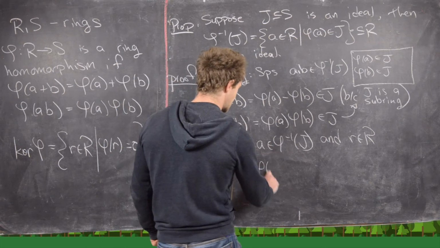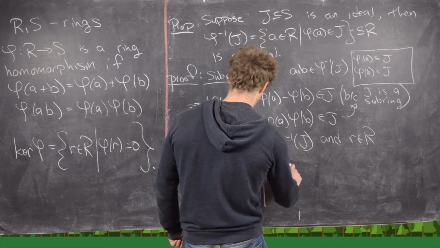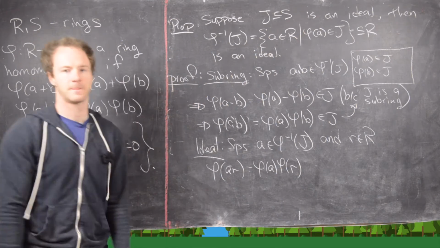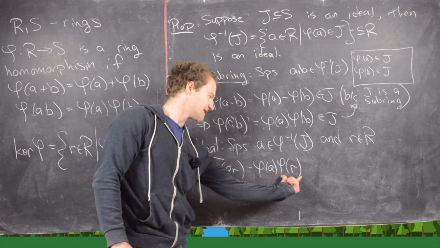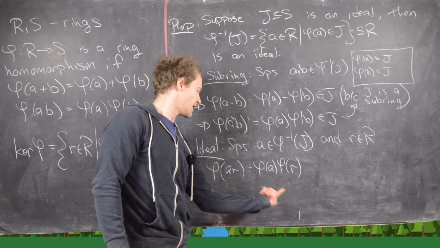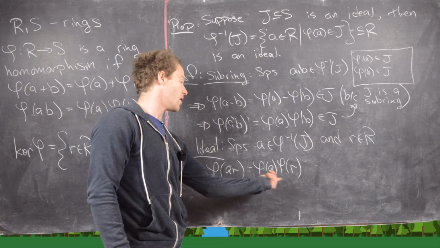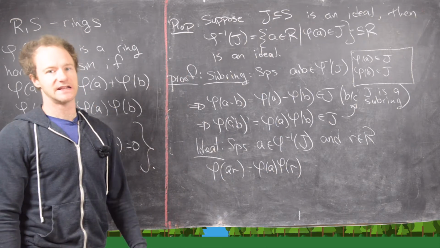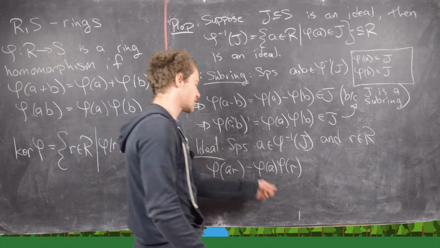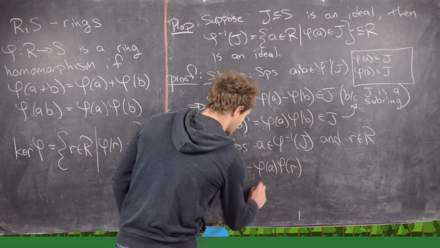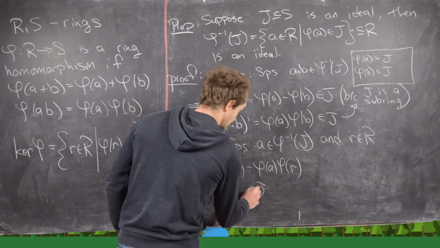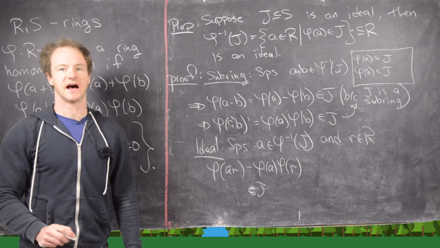Notice that's going to be phi of A times phi of R. Okay, but this is an element from S. This is an element from J, but we know that J is an ideal, so that makes this whole thing an element from J, given the fact that J is an ideal.